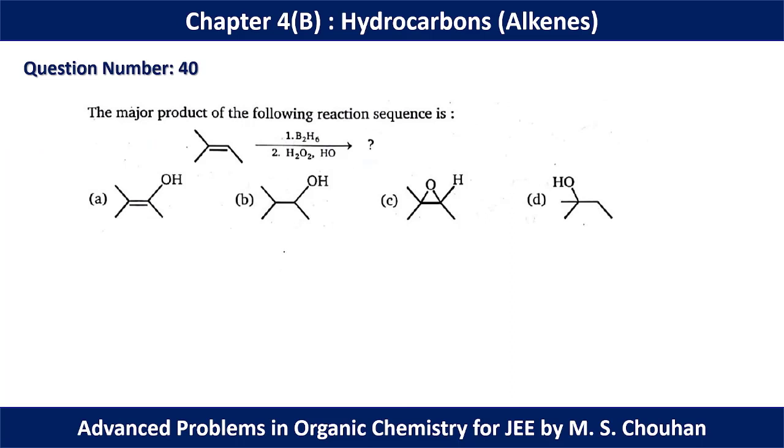In question number 40, this is basically a hydroboration oxidation reaction. So we have this kind of situation. This is the more hindered center, this is the less hindered center.